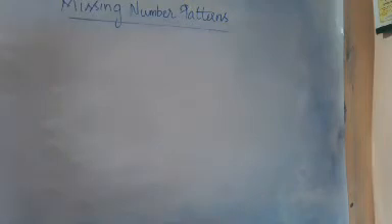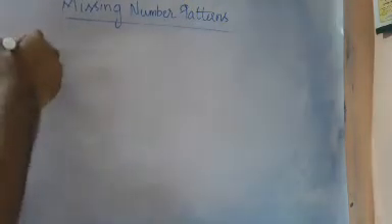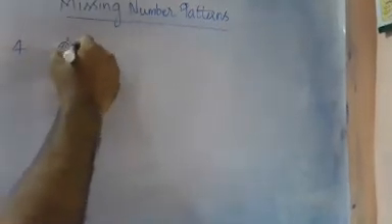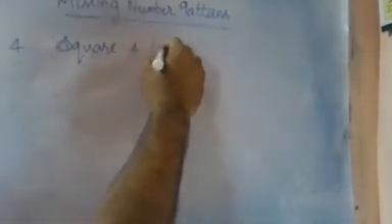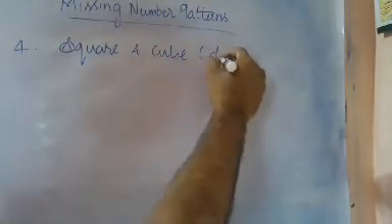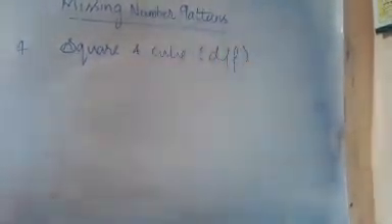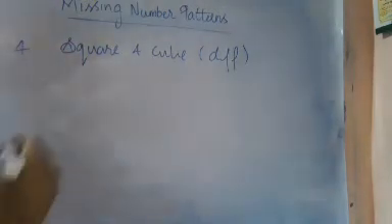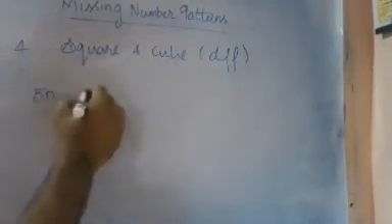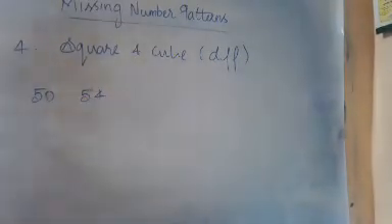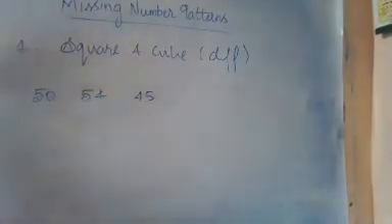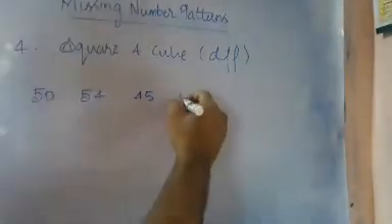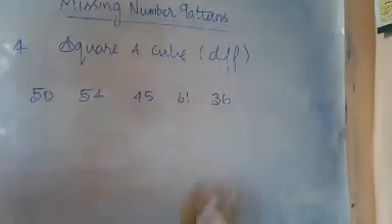So this is the same as of difference, but specifically the difference may be in squares or it may be in cubes. So for example, 50, 54, 45, 61, 36.